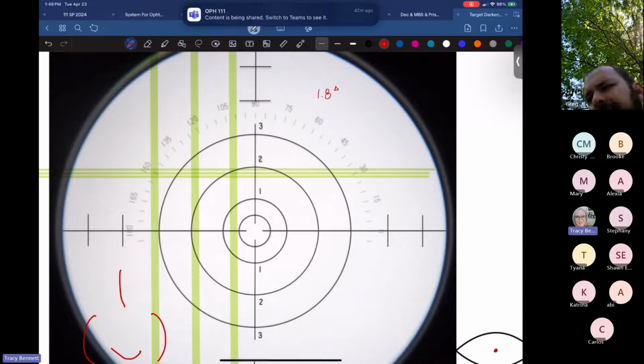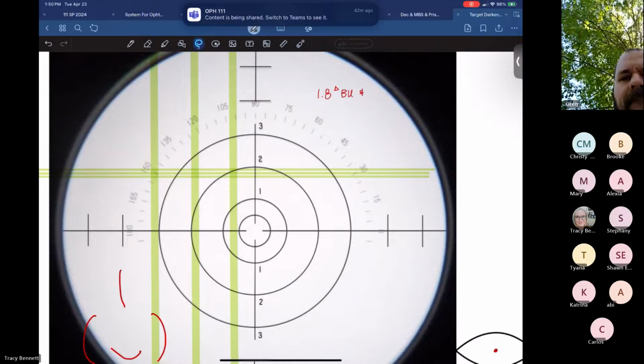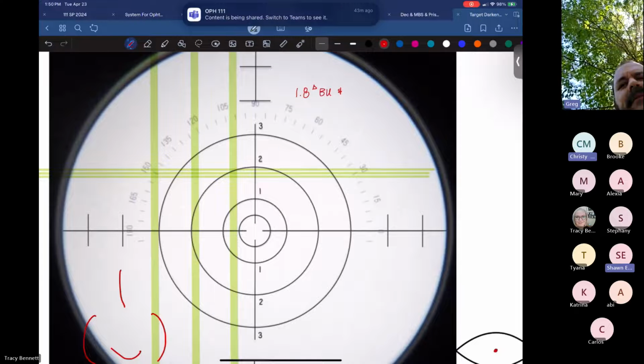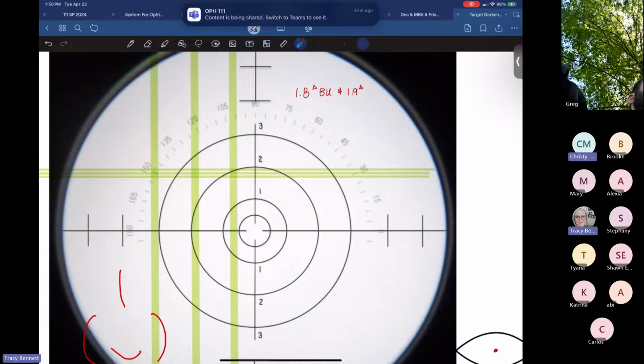Good, I like that. And the other? 2 base in. 1.9, yeah, I like 1.9 better than 2, especially for what we're doing, just starting to learn about this.